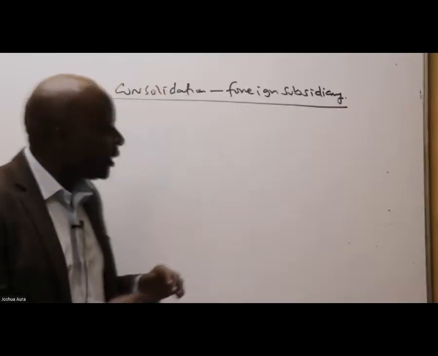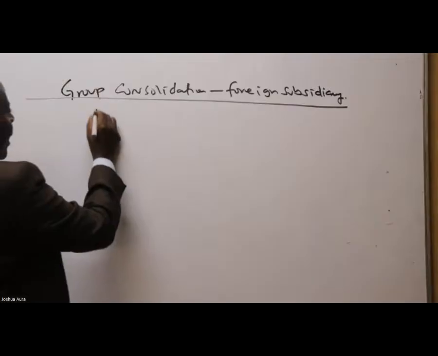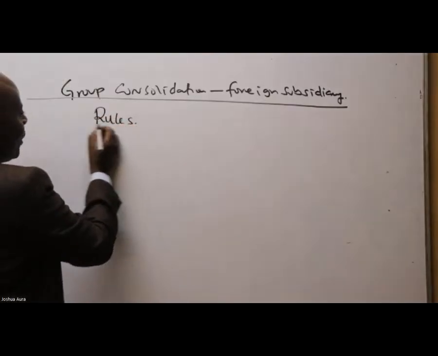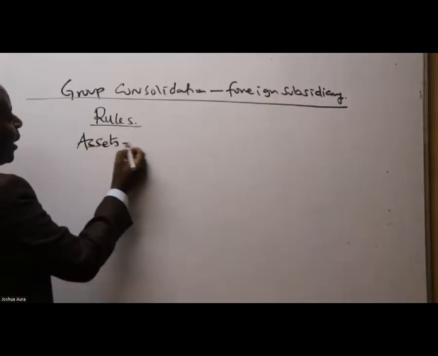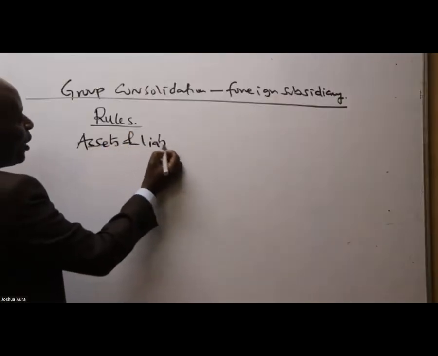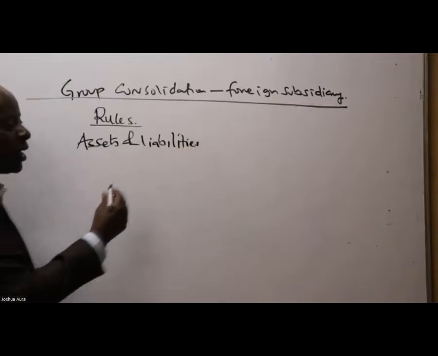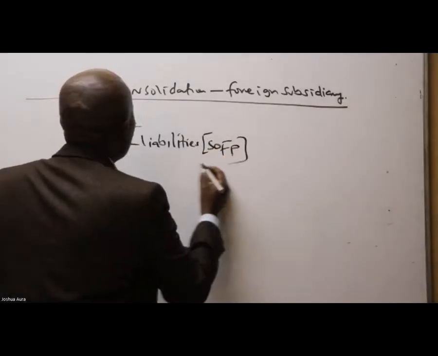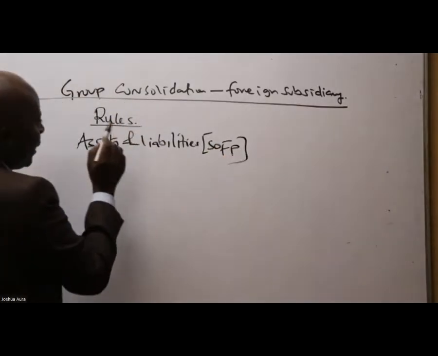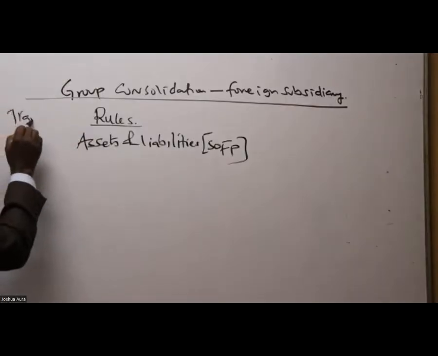Now, when we are translating, what rules are we supposed to remember? Basic rules. The basic rule is that assets and liabilities, where are these found? These are found in the statement of financial position. Remember, these are translation rules.